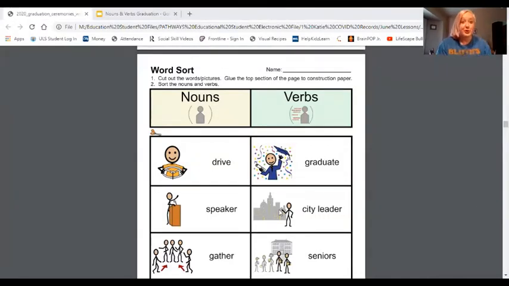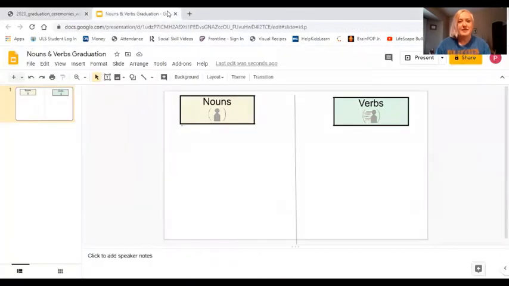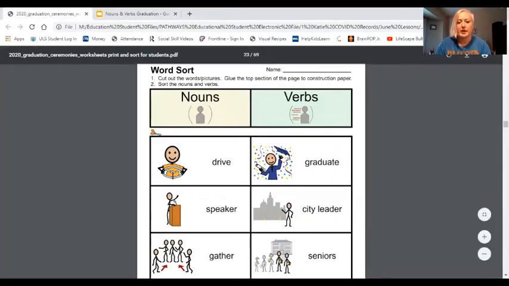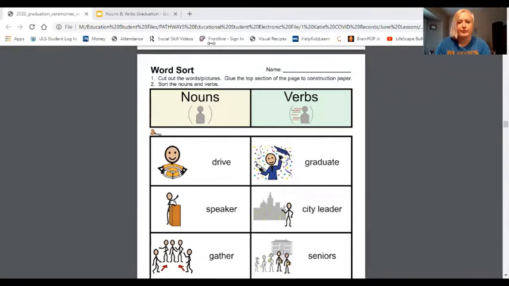We're actually going to do this on a Google slide because it's easier to manipulate. So we've got a section here called nouns and a section called verbs. Remember, you can cut these two out and glue them to the top of a piece of paper, or just set them on your counter or table to practice sorting. Let's go back to our worksheet, and I'm going to use my little scissor snipping tool to cut out drive.